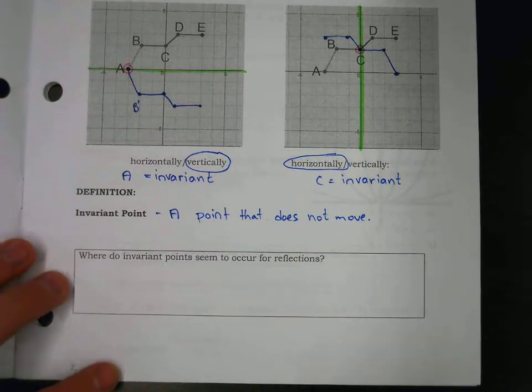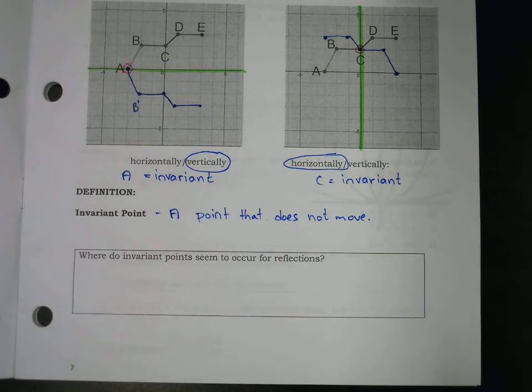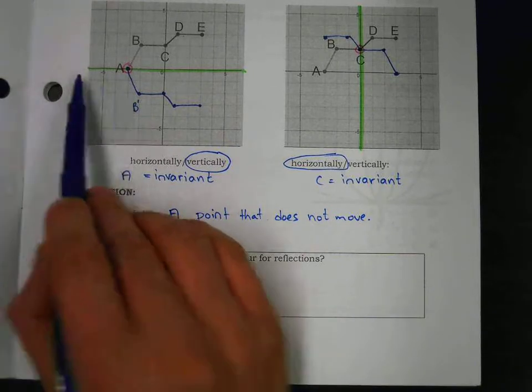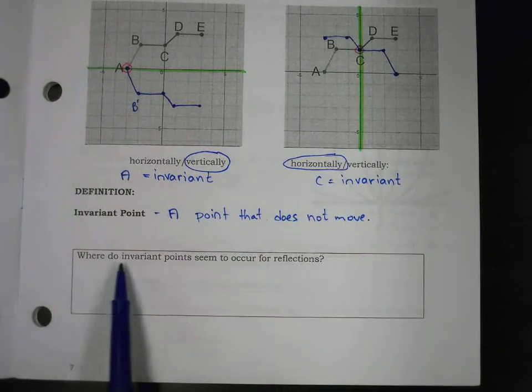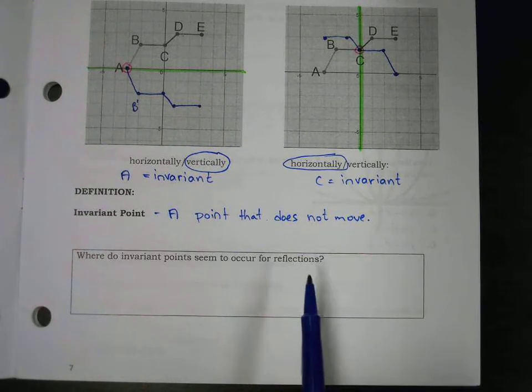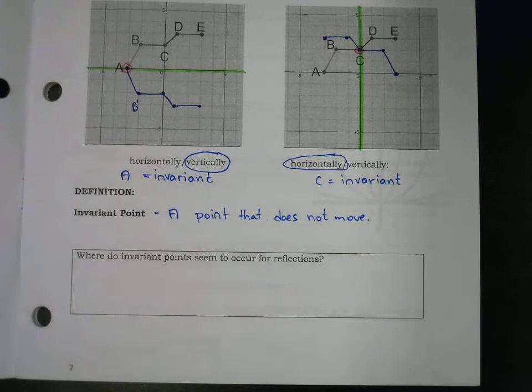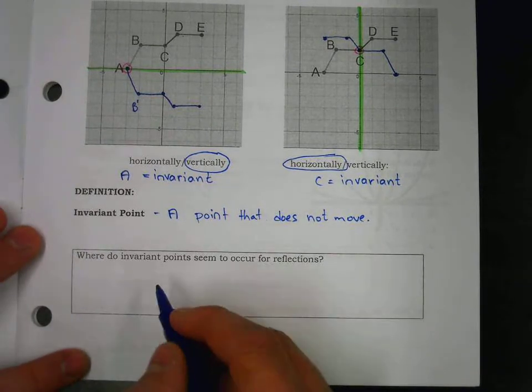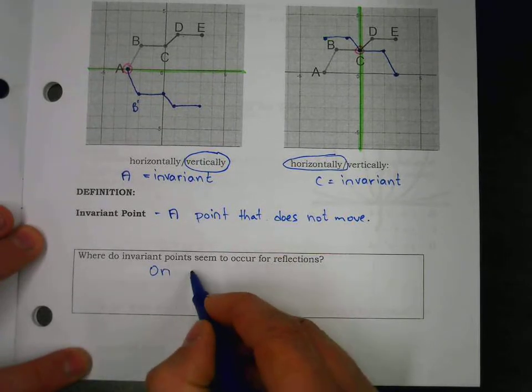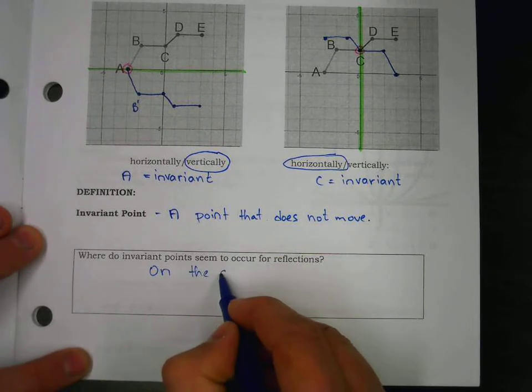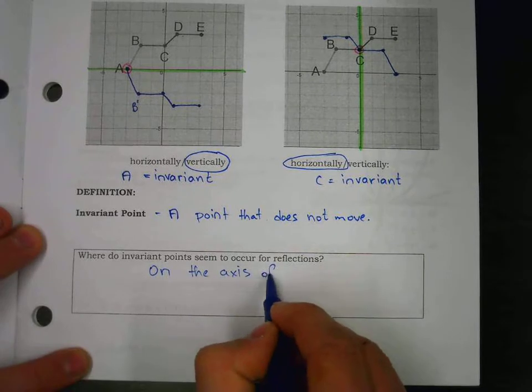In both of these graphs, the points that were invariant seem to occur on that green line. So where might invariant points occur for reflections? Maybe we call it that axes of reflection will always be where the invariant point is. So we'll say that invariant points occur on the axes of reflection.